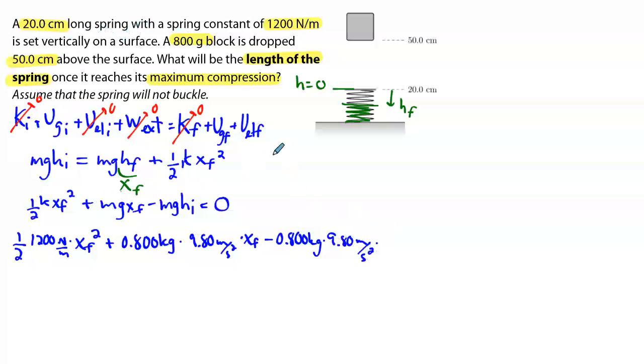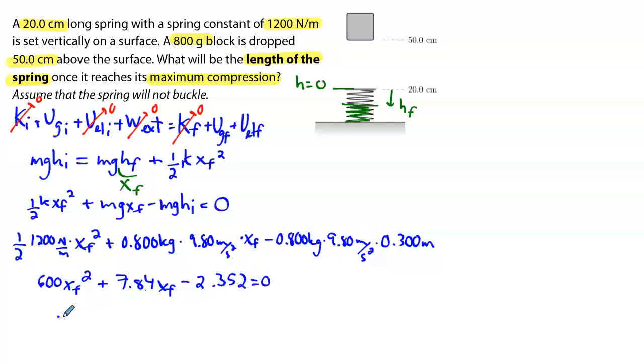And the h initial, if you remember, our h0 is here, so this was just 30 centimeters, so 0.300 meters. Once simplified, we get 600 x final squared plus 7.84 x final minus 2.352, and all of that is equal to 0.